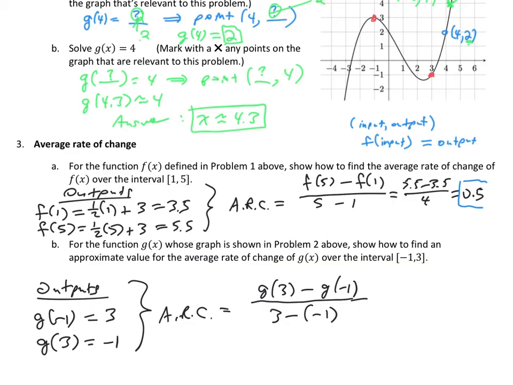Now I just grab that information from what I wrote down. The output g of 3 we said was -1. The output g of -1 we said was 3. The denominator is 3 minus -1, which is +4. So I have -4 over +4, which is -1.